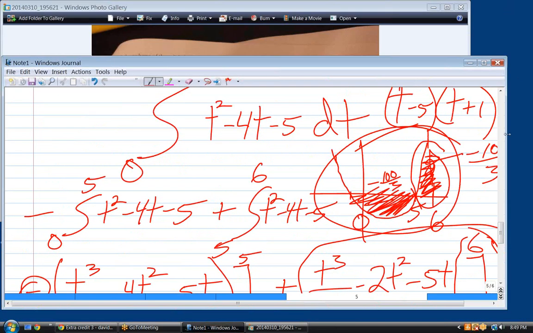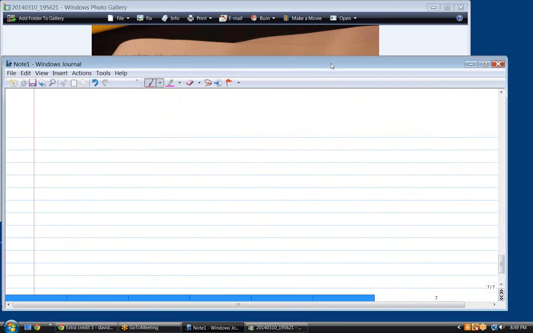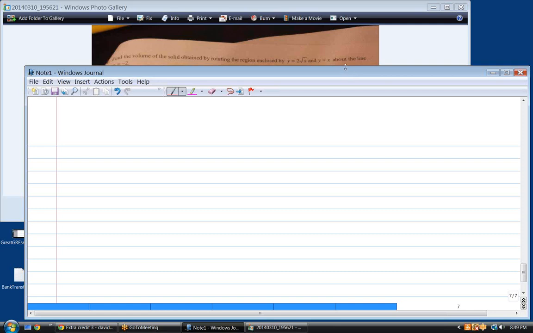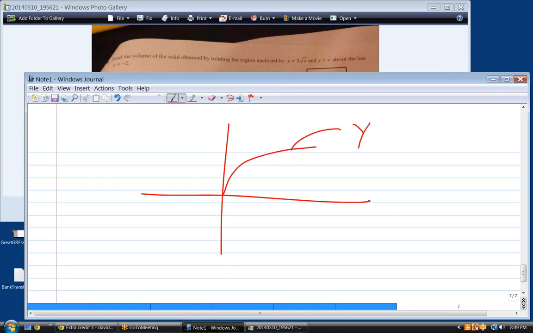Starting at the top? Yep. There's y equals 2 square root of x. And there is y equals x.